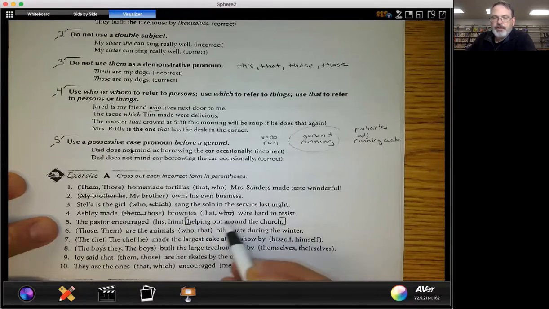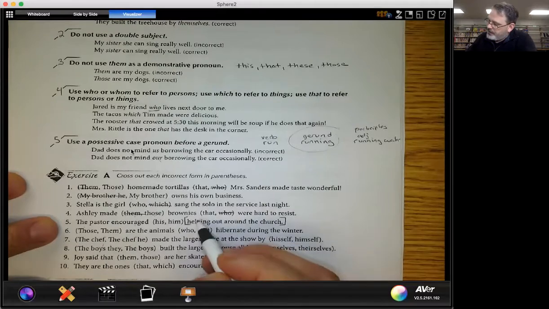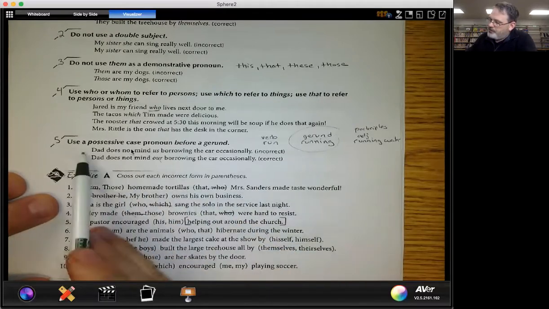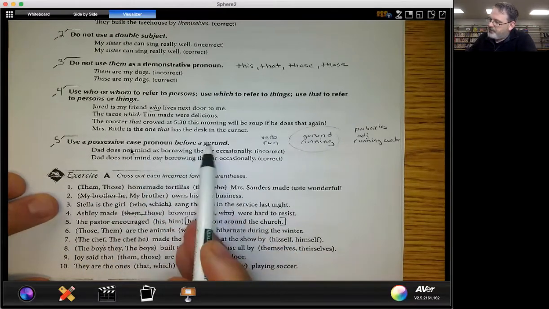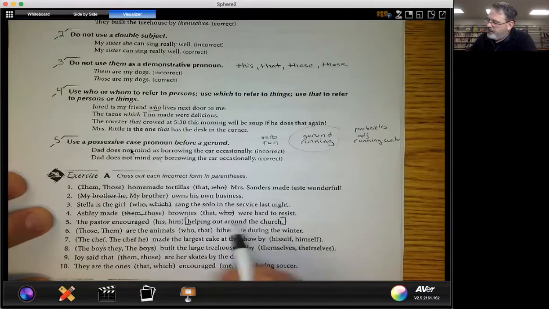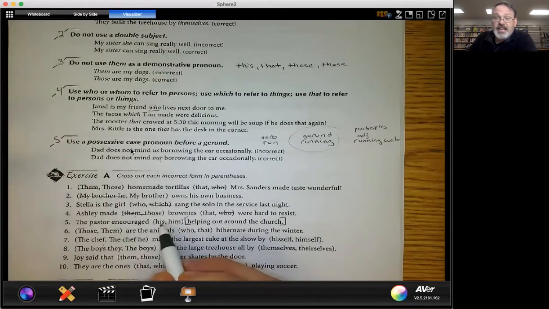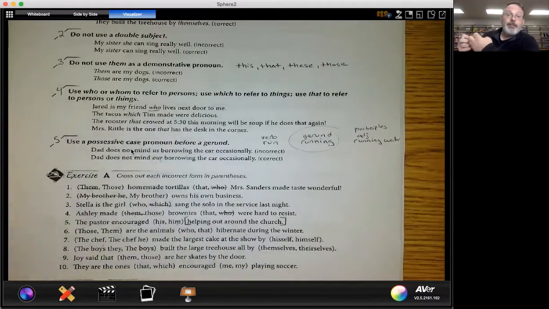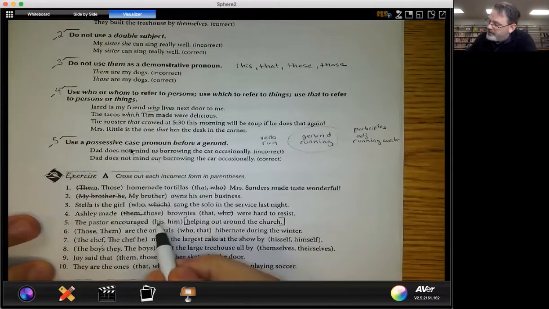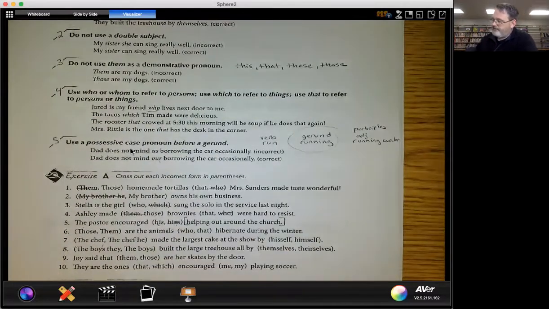The whole phrase is being used as a noun. So that would be a gerund. There's a rule about that. Use possessive case pronouns before gerunds. Since that is a gerund, we need possessive. Possessive means ownership, which is possessive. His or him. Well, if I said his bag of Takis, he owns that bag of Takis. So that is possessive. This is not. So we cross out him. Okay.